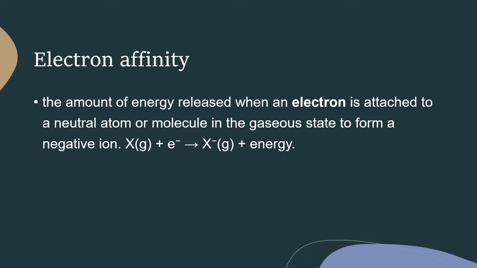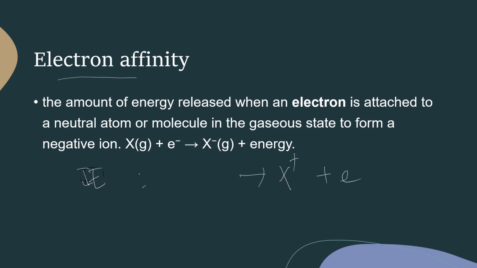We continue with electron affinity. Electron affinity is the amount of energy released when an electron is attached to a neutral atom or molecule in the gaseous state to form a negative ion. So this is the opposite of ionization energy. Ionization energy is for a metal, especially, to form a positive ion and release an electron.